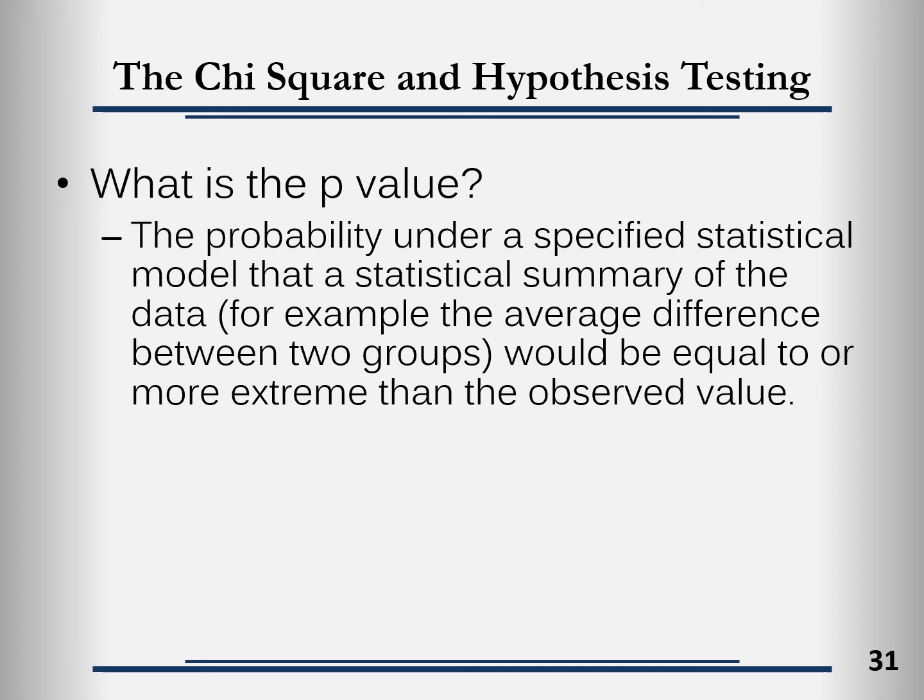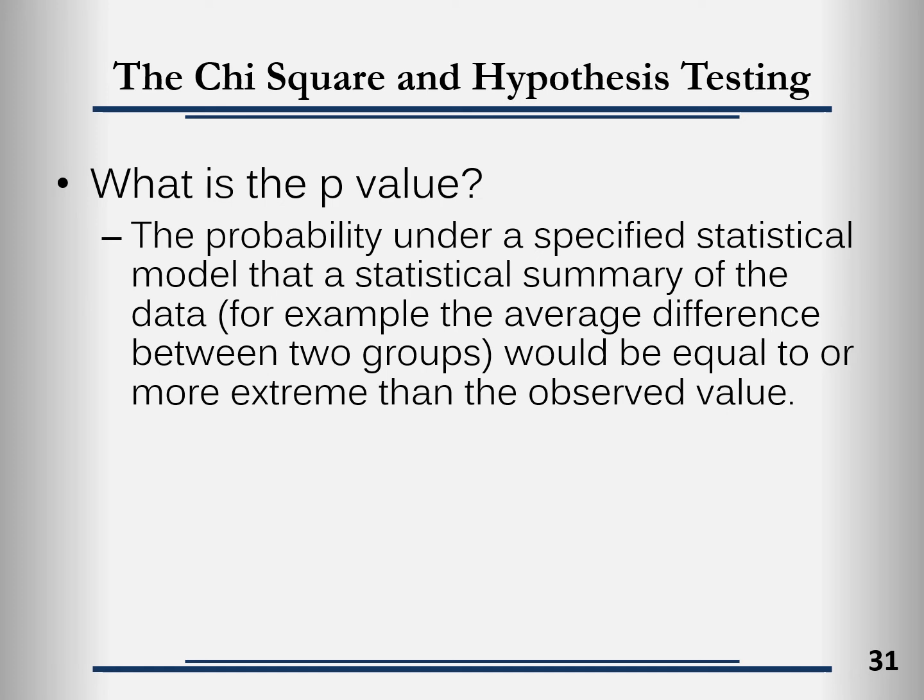I will give us this definition to work with. A p-value is the probability under a specified statistical model, in this case, let's say the chi-square, that a summary of the data, like the average number of yellow or brown cockroaches, would be equal to or more extreme than the observed value.